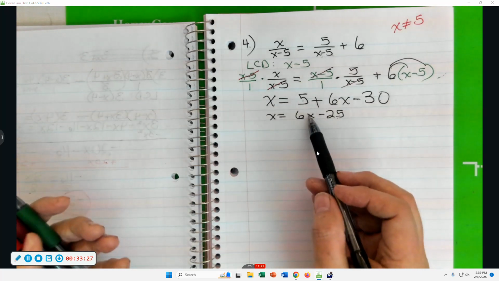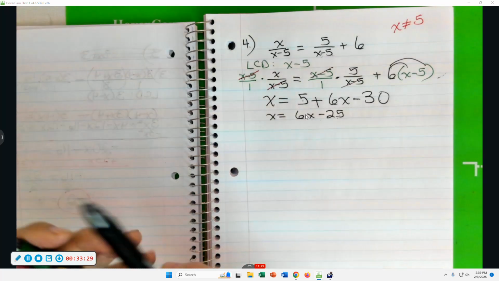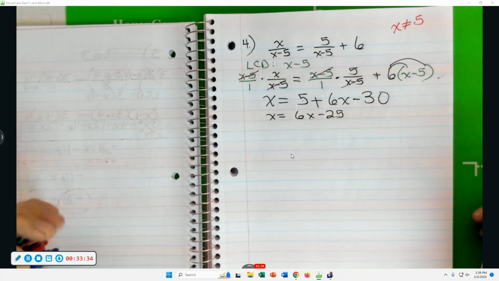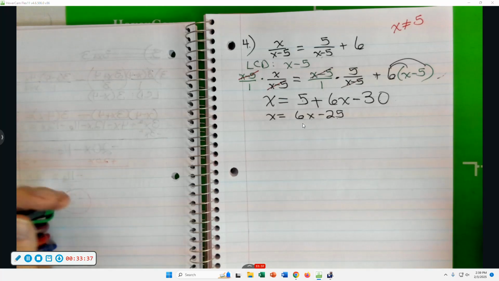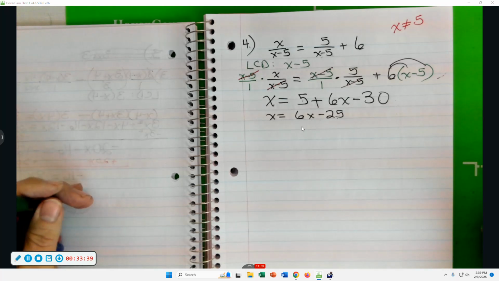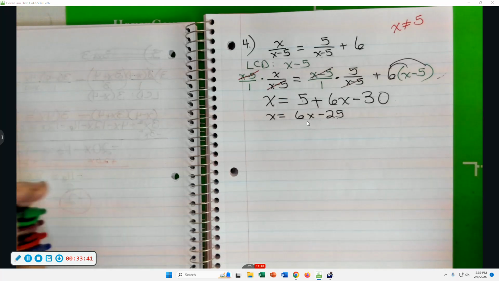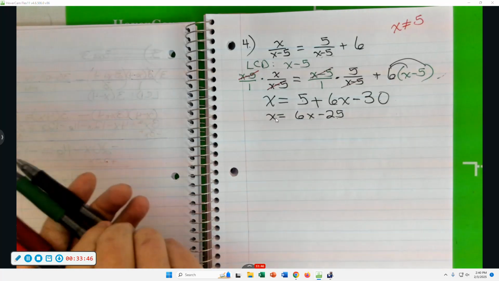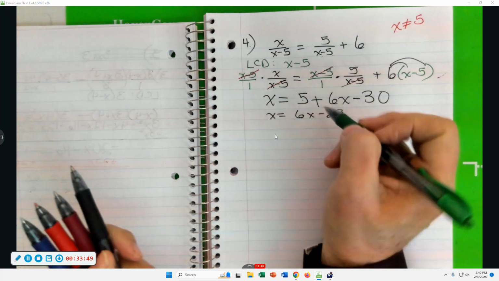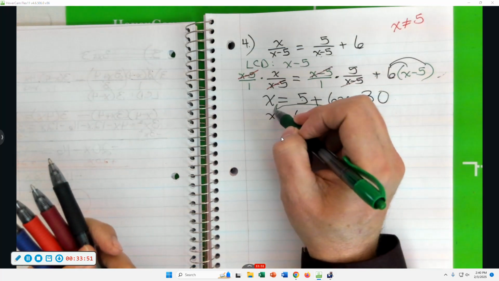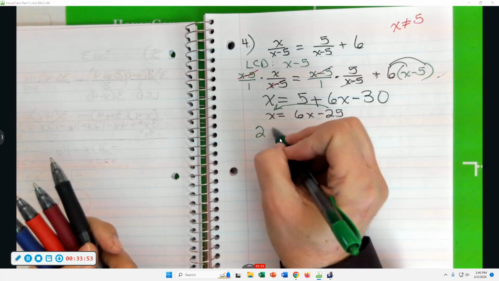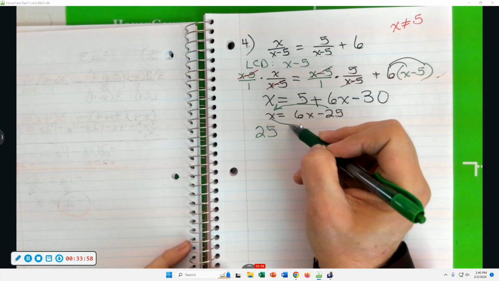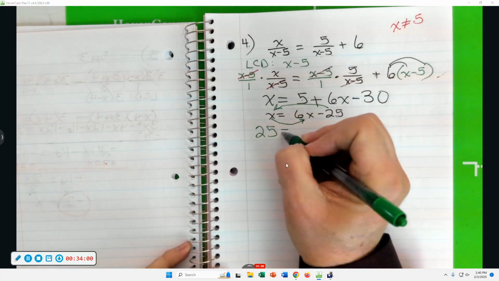Or do y'all just want me to move the 6x over to the left? Y'all decide. Do I get the x on the left or on the right? It doesn't matter to me. You'll get the same answer at the end. I hope you're not one of those people with prejudices. You always want your x's on your left. So I think I'm going to move that minus 25 over to the left, and I'm making that a positive 25. I'm going to move this positive 1x over. That'll become a minus x. What's that going to give me?